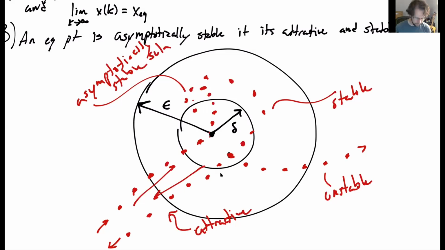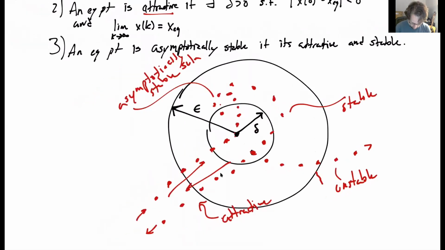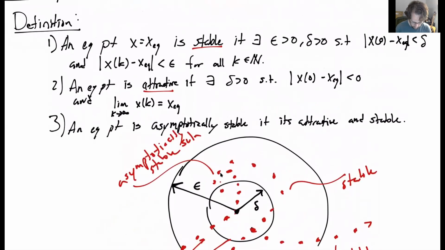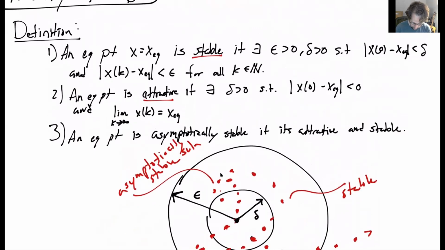And lastly, we could have what's called a global asymptotic stability solution. I don't remember if I talked about this in the continuous time systems, but it holds true regardless. So a global asymptotic stability result, remember, we're bounding for attractivity, we're bounding the initial conditions distance. This should be the delta here.